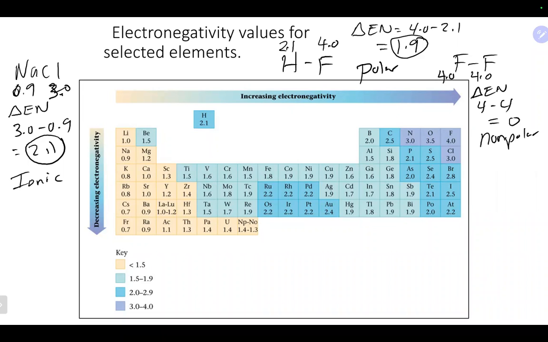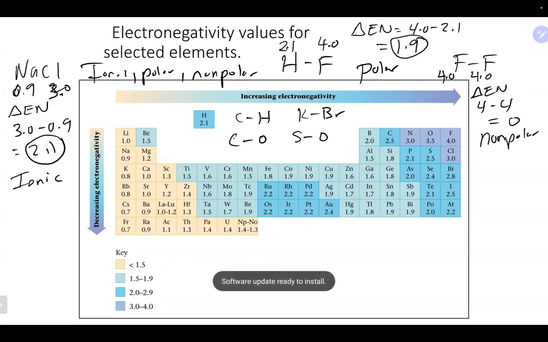Any questions on that there? Why don't you try some here? Decide, is it ionic? Is it polar? Or is it nonpolar? These bonds here, let's do carbon and hydrogen, potassium and bromine, carbon and oxygen, sulfur and oxygen, and nitrogen and chlorine.